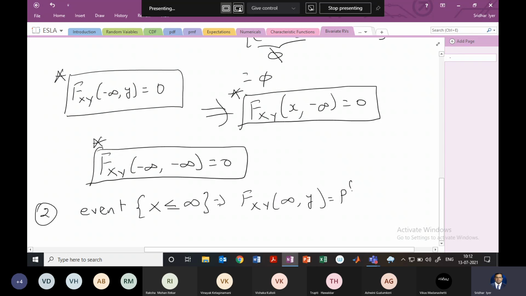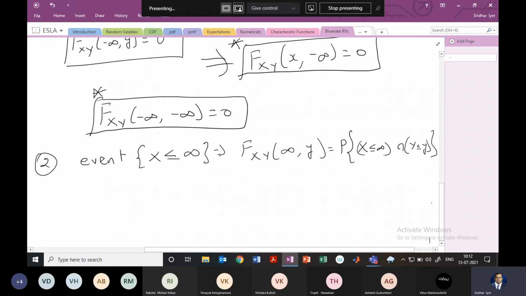Therefore this I can write as probability x less than or equal to infinity intersection y less than or equal to y, right? Now, that is x less than or equal to infinity, this part here basically implies the entire sample space. Entire sample space. That is all the experiments, right?